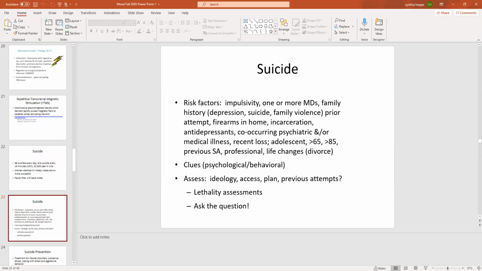Suicide risk factors include being impulsive. It's a fleeting thought. And hopefully, like one patient told me, she was laying in bed. She wanted to kill herself. She thought she had the gun next to her and the bullets, and she just prayed and prayed and prayed.